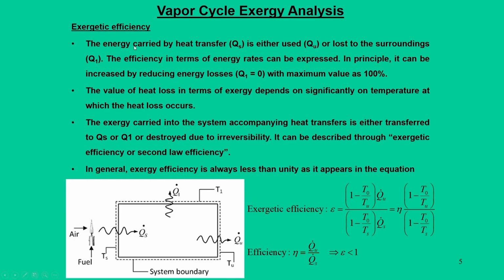Then, moving further, we need to quantify the exergy by a parameter called exergetic efficiency. This is similar to the efficiency defined in the Carnot cycle, but there is a little bit of difference that we need to find out.